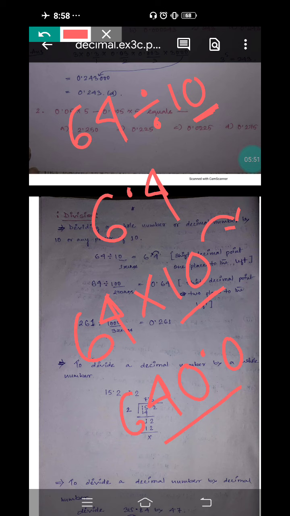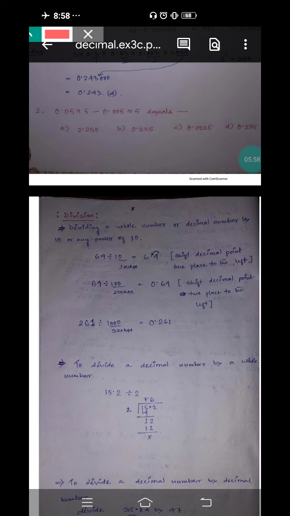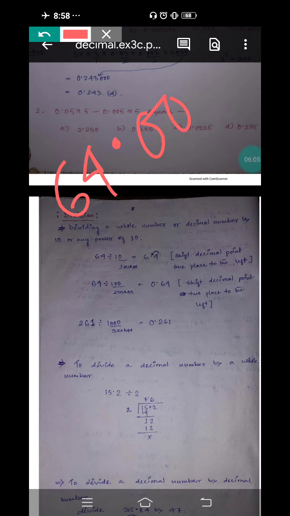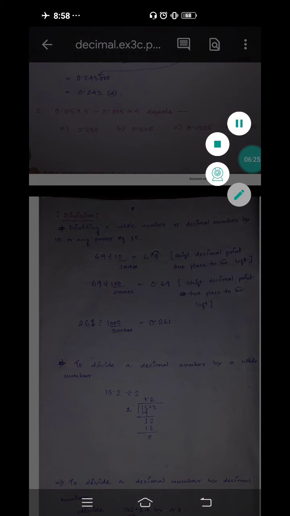If you divide, it will shift to the left side. Where is the decimal point in 64? Here, 64.00. So if you multiply, it will shift to the right side by the number of zeros, or if you divide, it will shift to the left side by the number of zeros.